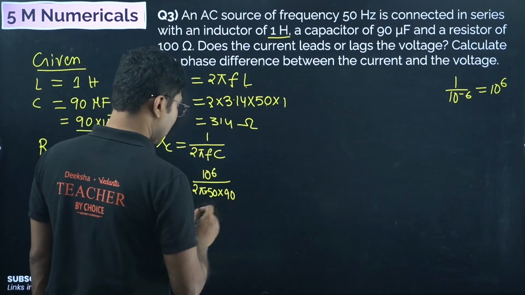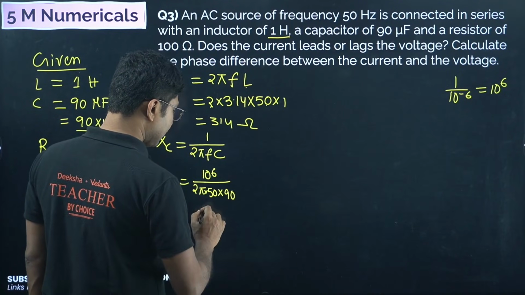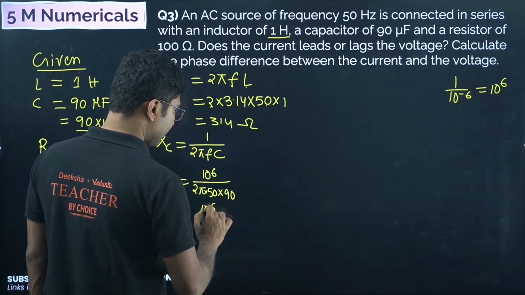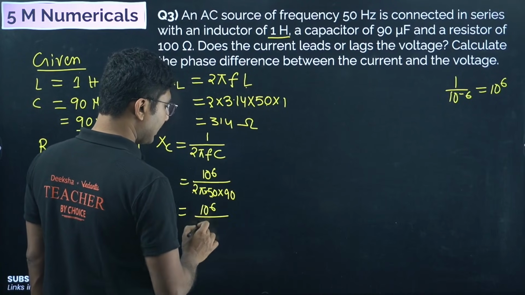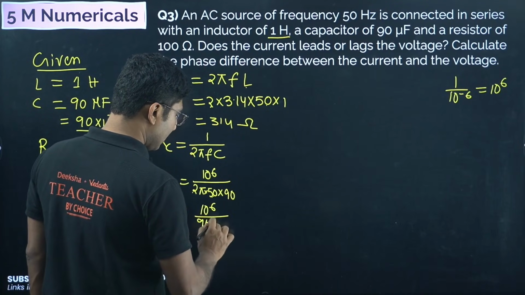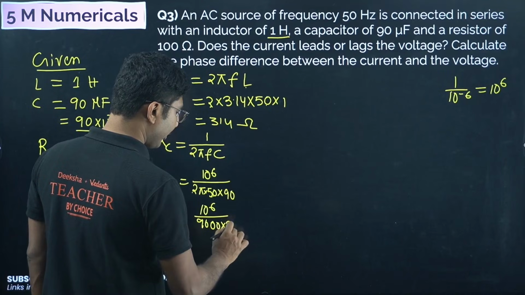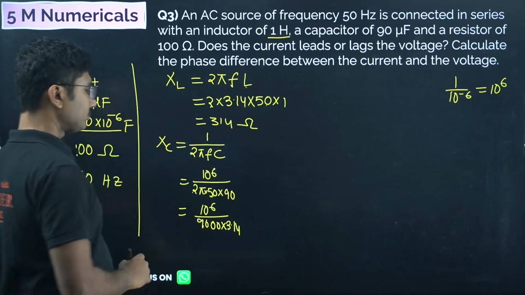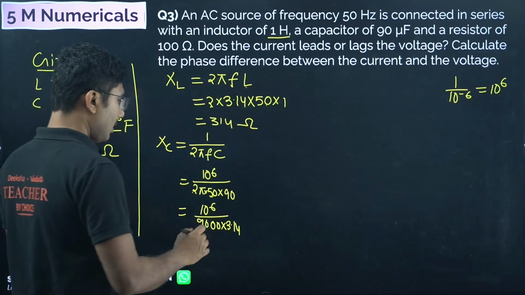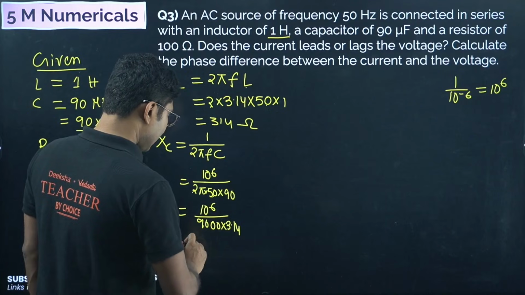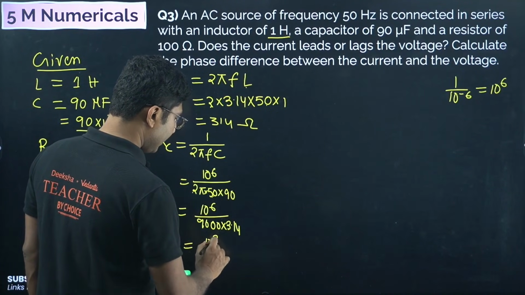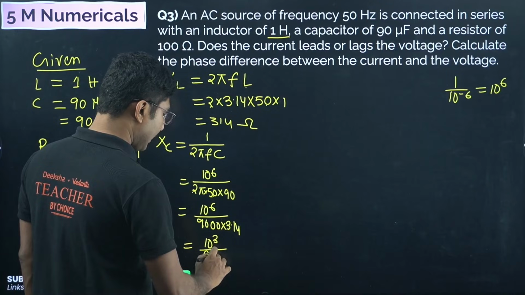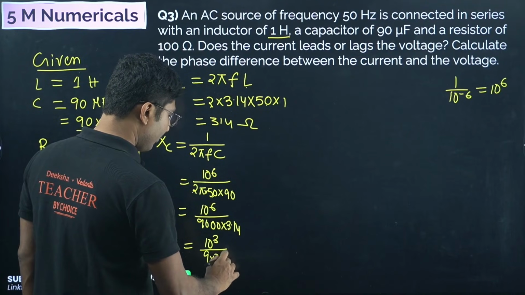Okay, now we will try to simplify. We will see that it is 10 to the power of 6 divided by 2 into 50 is 100, 100 into 90 is 9,000, 9,000 into 3.14. Okay, so 3 zeros cancelled and you get 10 to the power of 3 divided by 9 into 3.14.